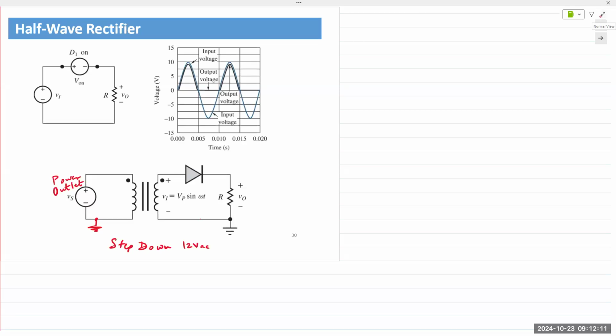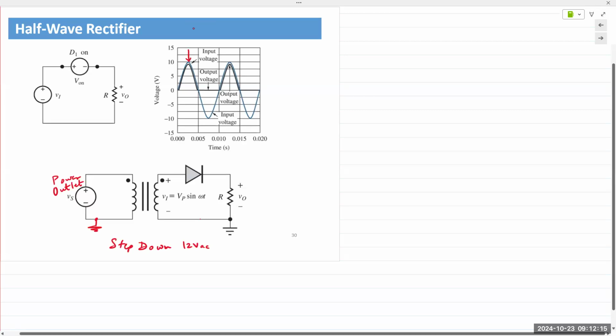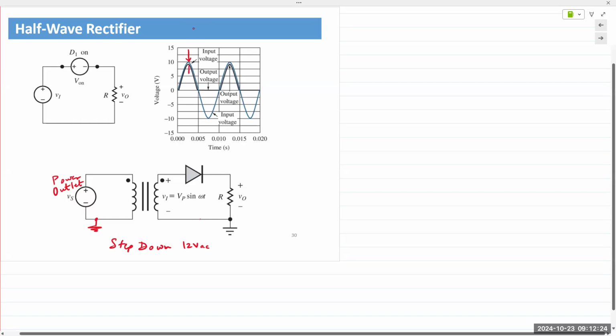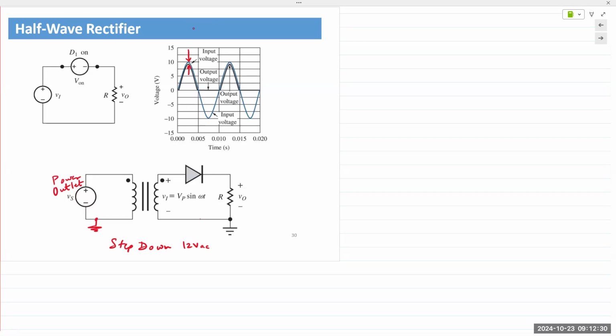So first, I'd like to point out that in an ideal diode analysis or an ideal diode model, the diode doesn't require any extra voltage to turn on. But in a real life diode or a real life circuit, we would be better off using a constant voltage drop model, because a certain amount of the voltage from the input is required to turn the diode on.